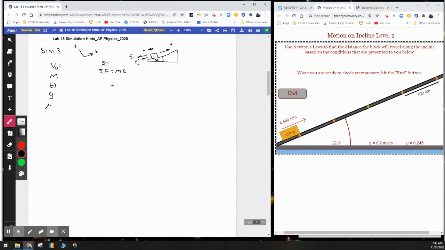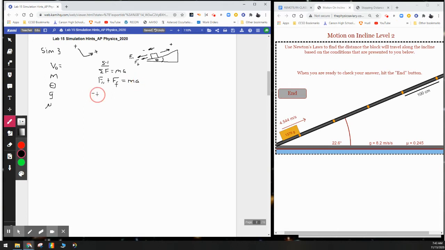They're opposing motion. So we could say we're going to have the parallel force plus the force of friction equal to ma. Now, we have to be careful and watch our signs.